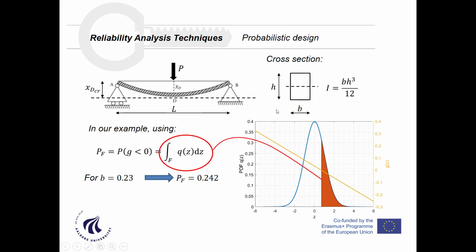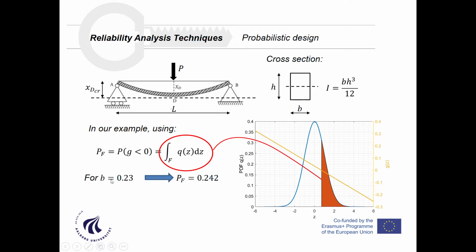So now we need to identify which is the failure domain, and for example using the value of our deterministic design, which was B equal to 0.23, we find out that every time that we are below 0 in the limit state function, which is shown on the right y-axis, we are in the failure domain.